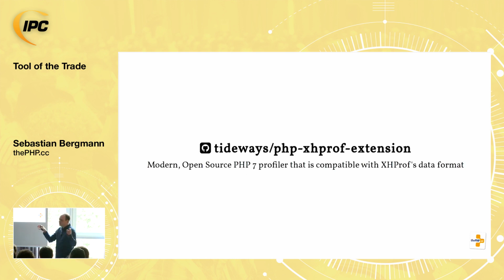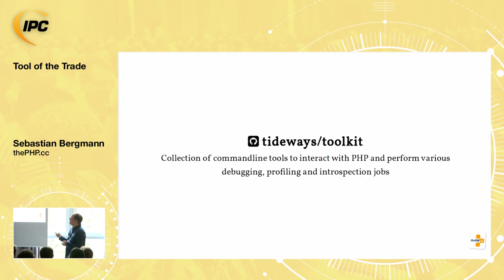That's the extension if you're just interested in getting that extension and getting the raw data about profile traces, and then build your own tool on top of that. Some people do that. I would rather give some money to Tightways and have them analyze that for you. There's an open source command line tool that can analyze these traces and give you some insight when you're debugging a performance issue. That's mostly good enough.